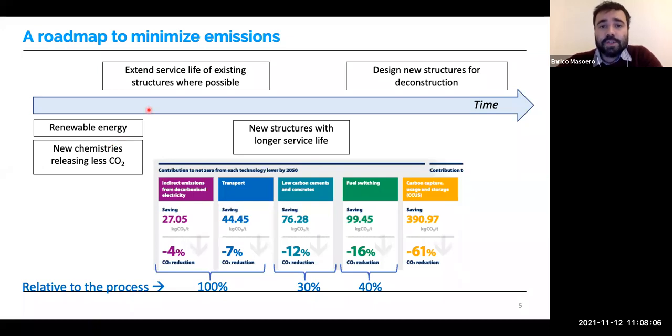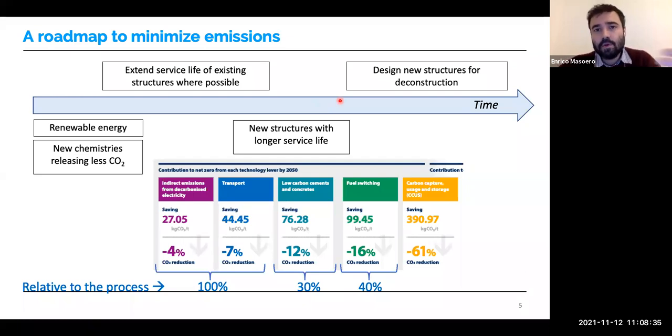Other things we can also do are maybe not material related, but more asset related. For example, we could try to demolish fewer buildings. So we build fewer new buildings, and we try instead to extend the service life of existing buildings. Or we could design future buildings to have a longer service life, so less material, make it more durable. So we replace the built environment less often.